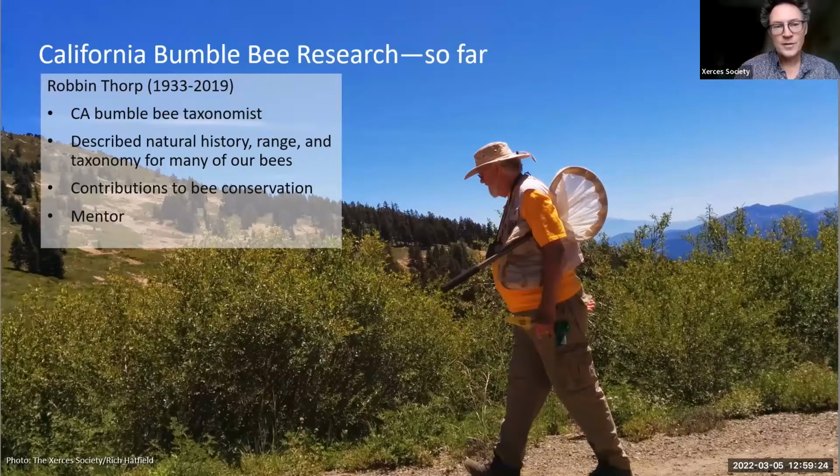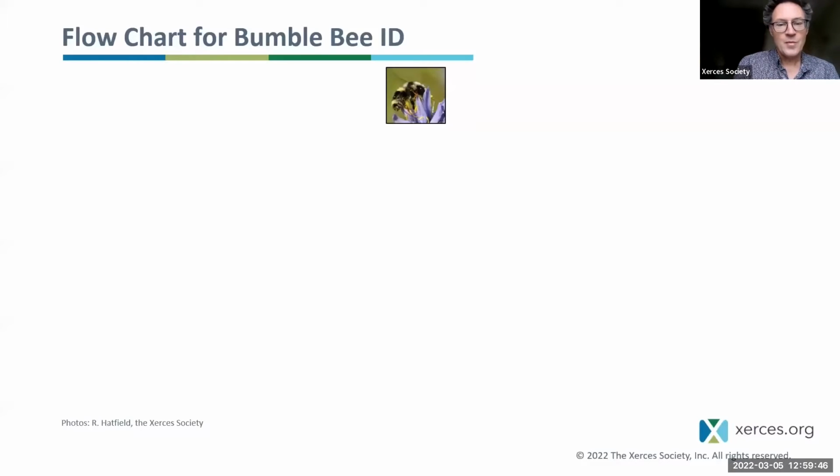He was a mentor to Rich and myself and many others in our community. He's also a peerless bumblebee taxonomist who had a penchant and interest in describing the natural history and ranges of bumblebees, and made just great contributions to our understanding of the bees here in California. So just keep that in mind as we present this information.